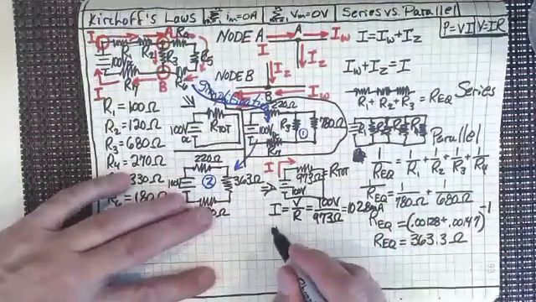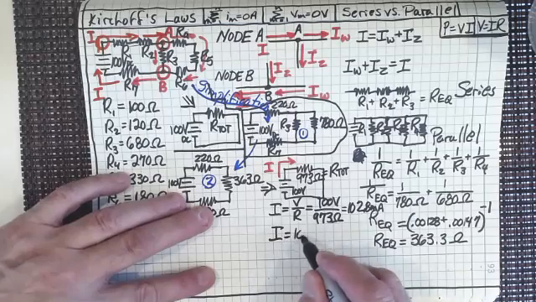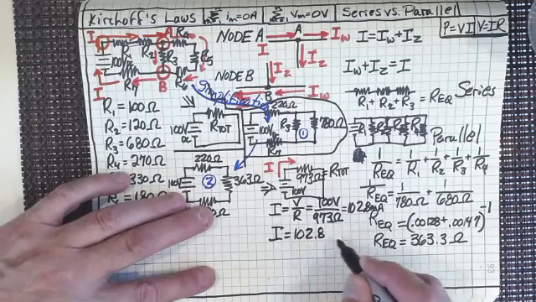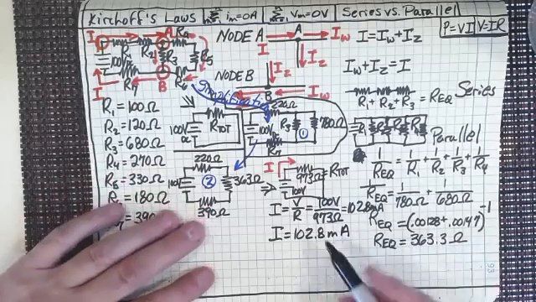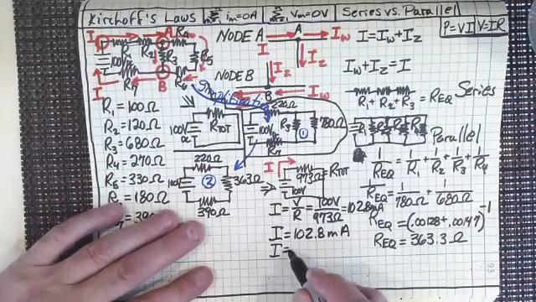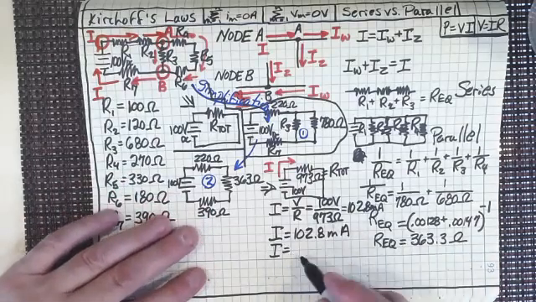So let's write that again. I equals 102.8 milliamps. How would I write that? If I was writing it in amps to use in my calculator, it's 0.102, right?